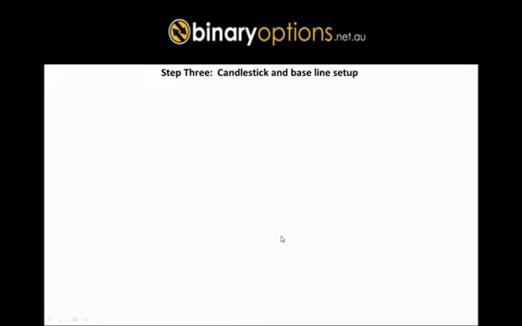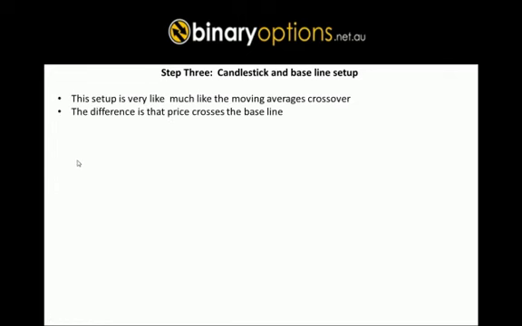Now, step 3 is to use the candlestick and the baseline setup. This setup is very much like the moving averages crossover. The difference is that the price crosses the baseline, not the trigger or the slow moving average.